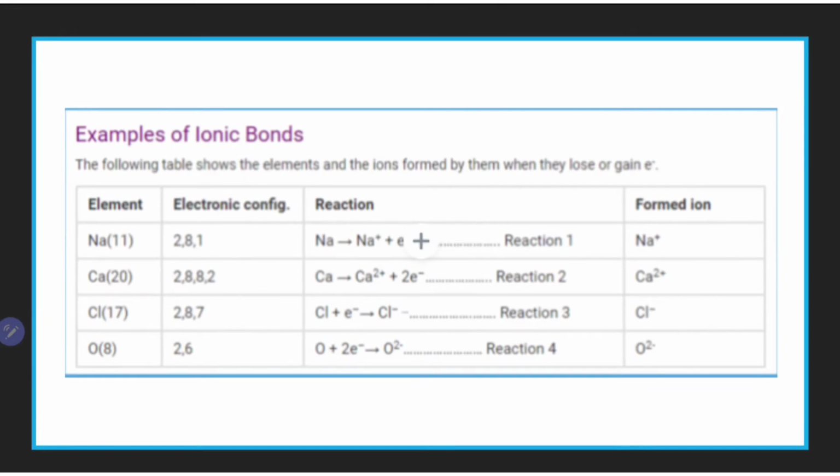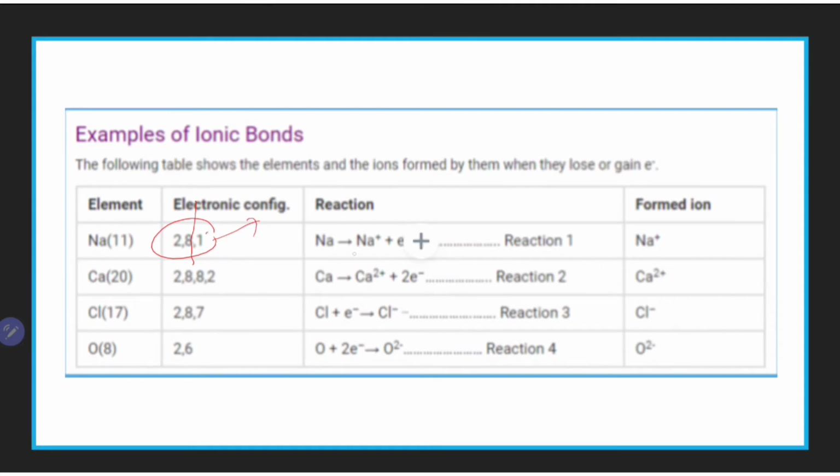Here are some examples of ionic bonds. For sodium, the electronic configuration is 2, 8, 1, and to reach noble gas, this one outermost shell electron should be cut off. Then one electron is released.